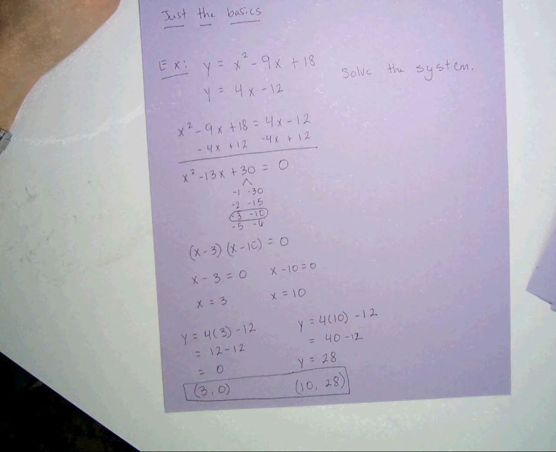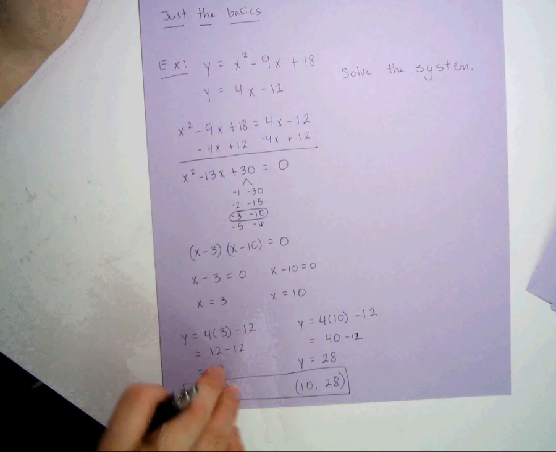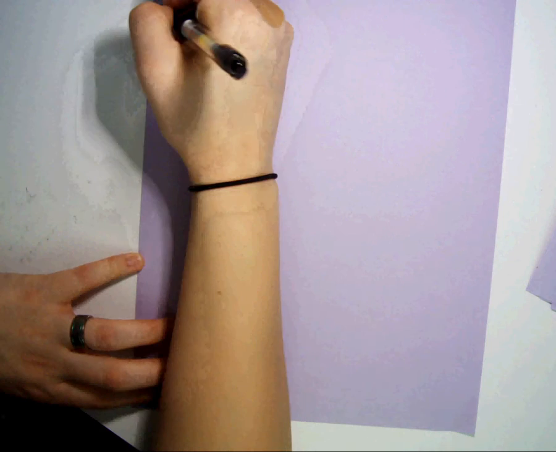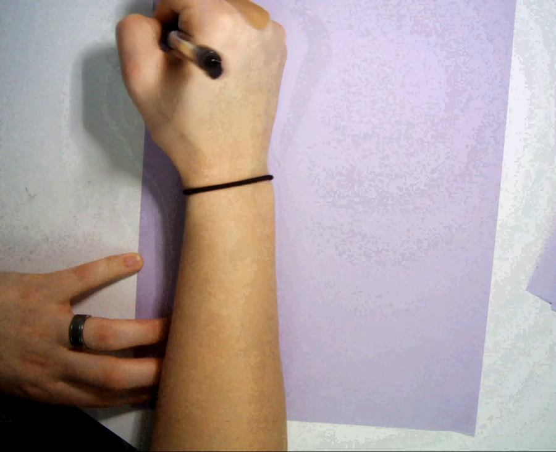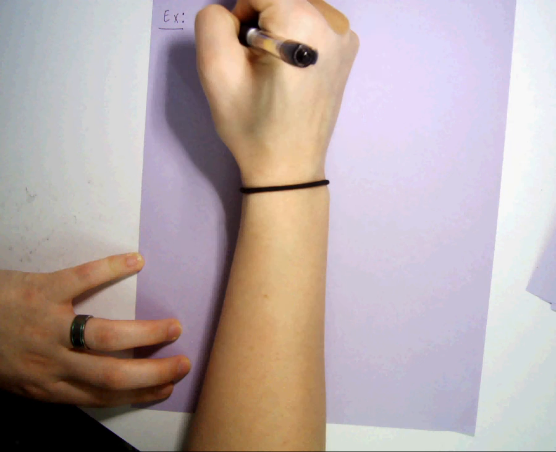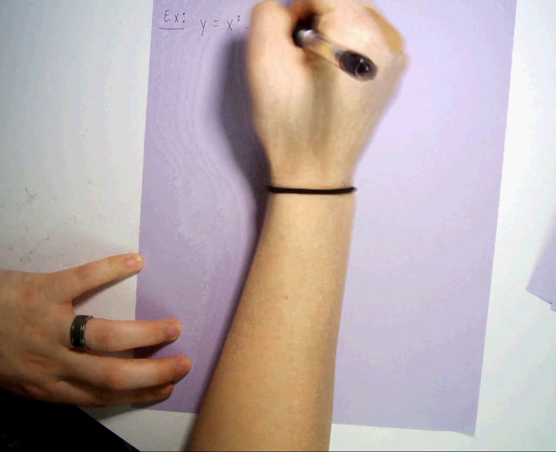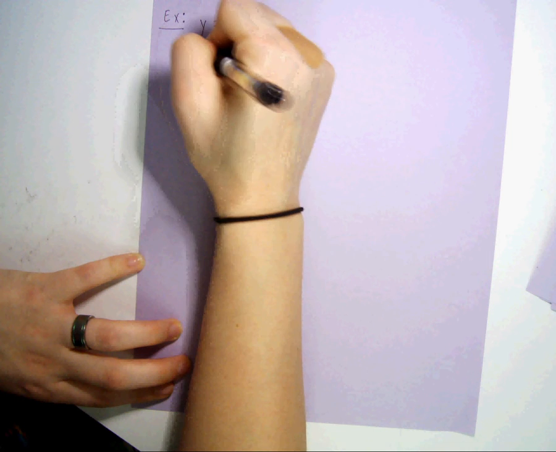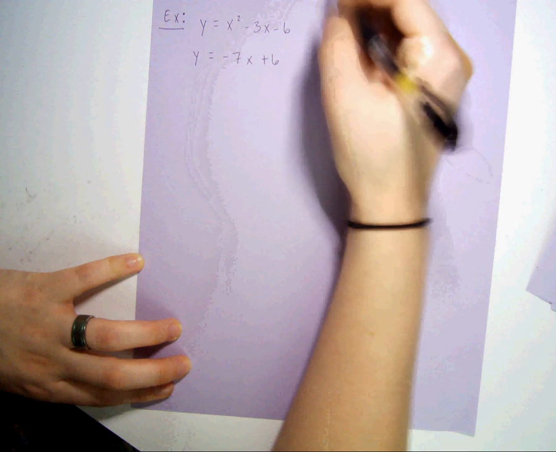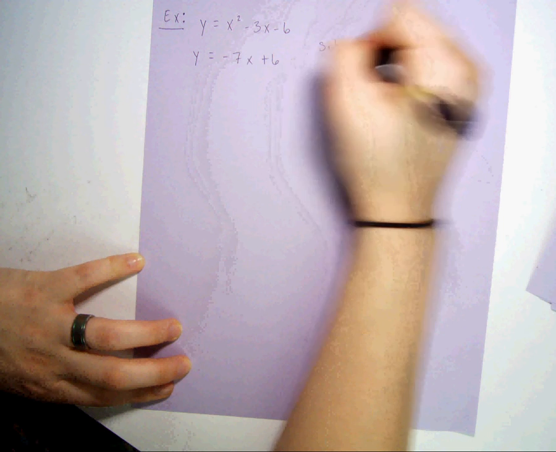Alright, let's look at another one. Same exact thing. I have one quadratic, y equals x squared minus 3x minus 6, and one linear, y equals negative 7x plus 6, and the same task: I want to solve the system.